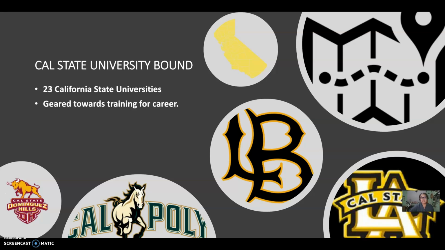But you still need 60 units to get an associate's degree, even if you don't transfer. So just because you have fewer units for general education, you still need the 60 units to transfer. So you may have to choose more electives if you go that route. And of course, if your goal is to transfer, it is better to follow either the CSU GE plan or the IGETC plan.